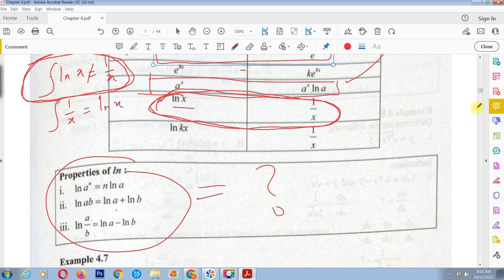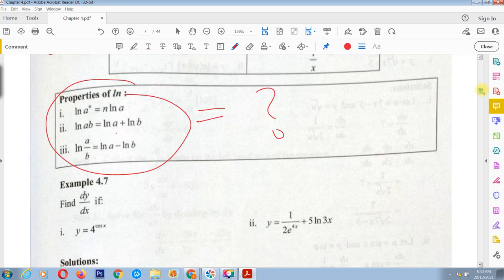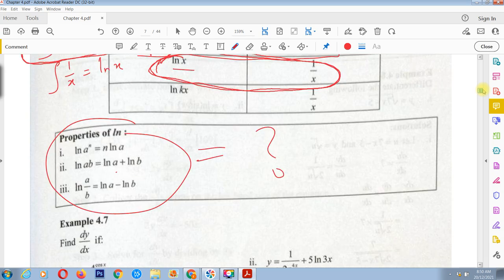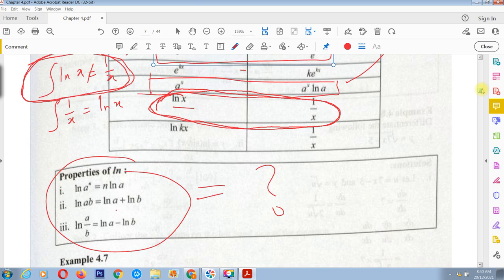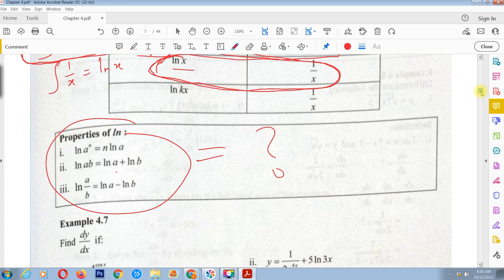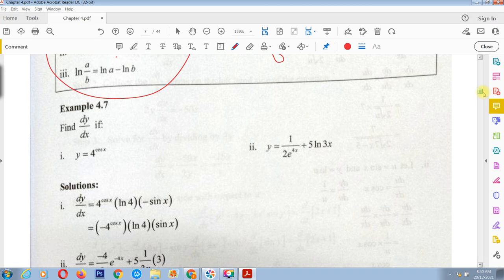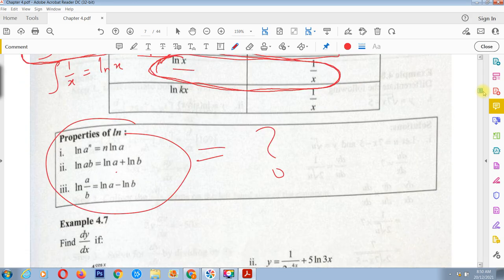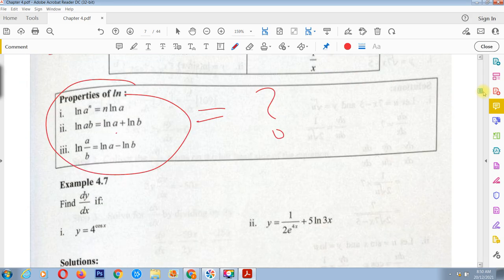Okay class, why do we need these properties? Any response? Why do we need these properties?